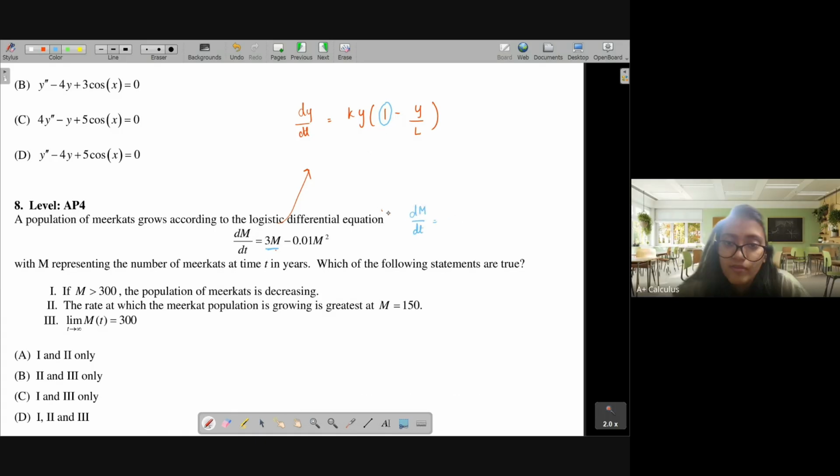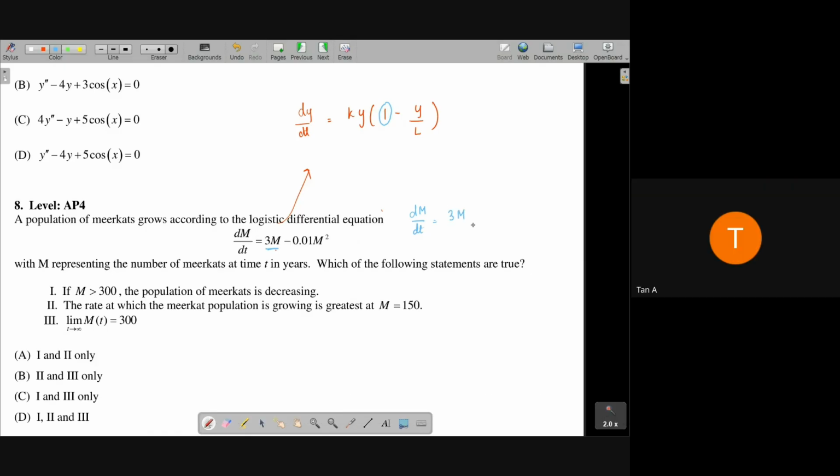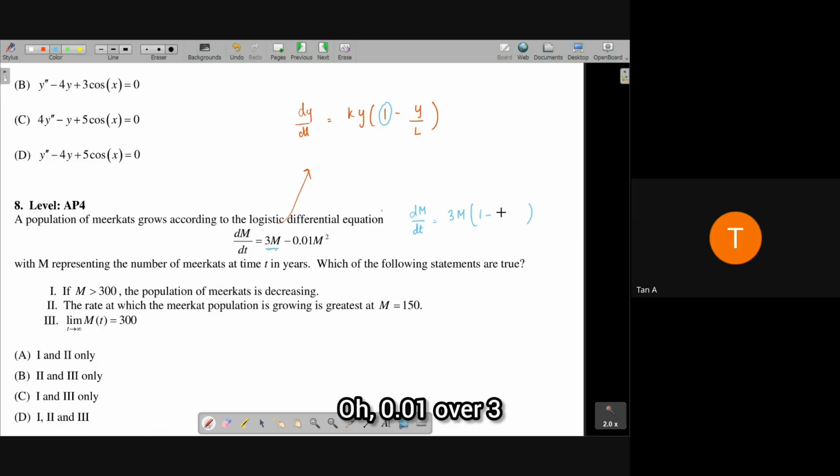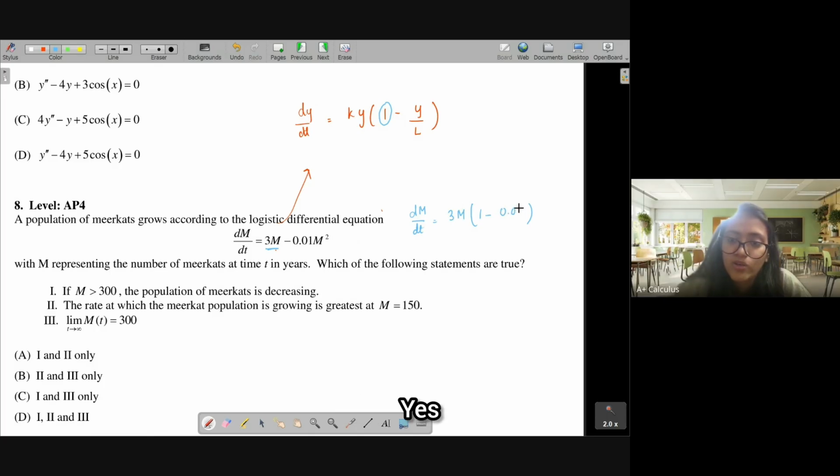Factor out 3m, so what do you get? You have factored out 3m, so 0.01 m over 3.